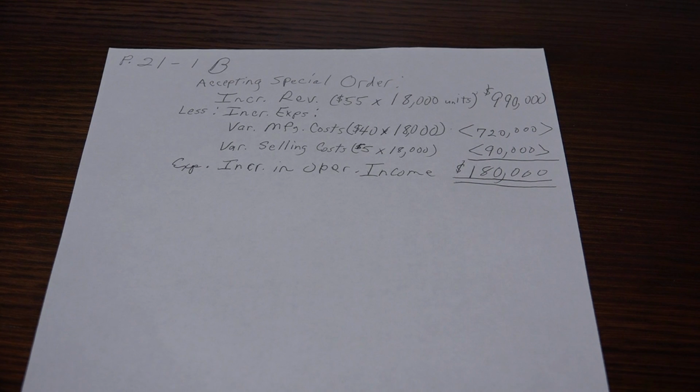Notice that in their regular orders, they're producing 50,000. If they accept this order, that'll be an additional 18,000, so they would be producing 68,000 skirts. Notice that their capacity is 70,000.